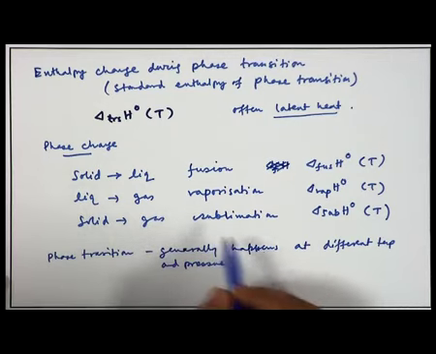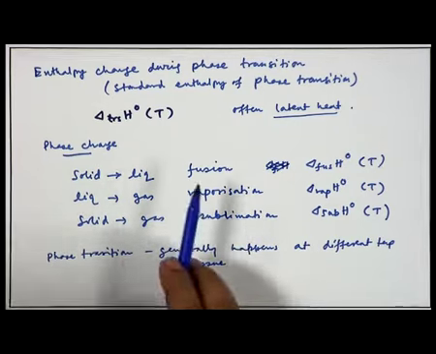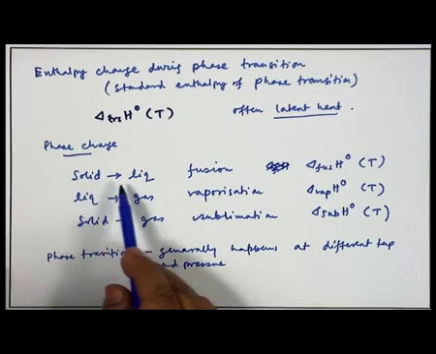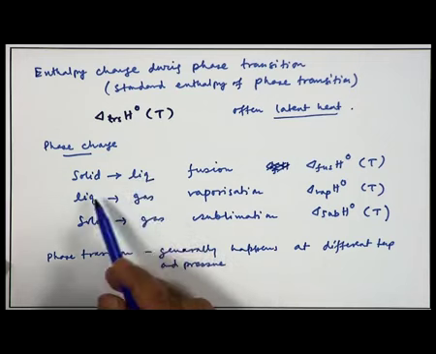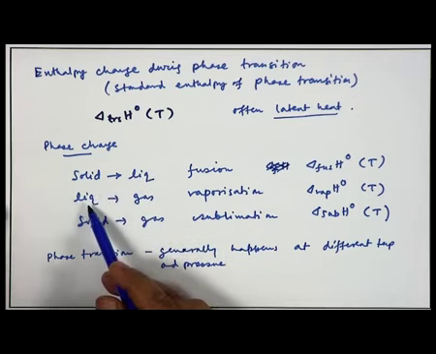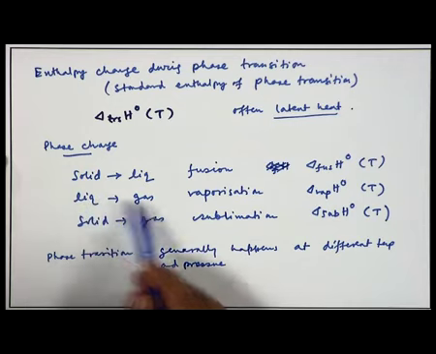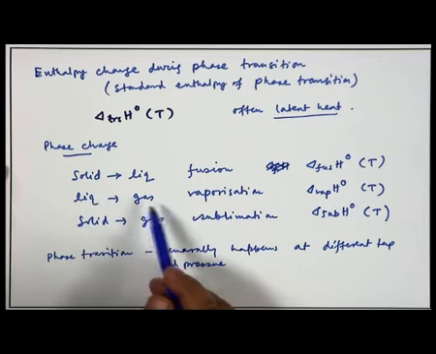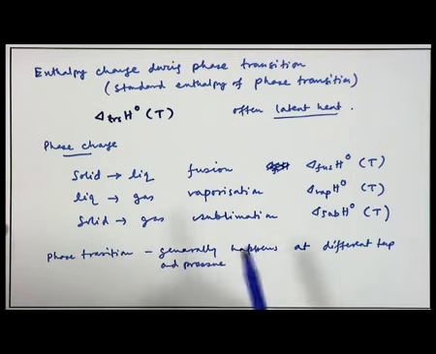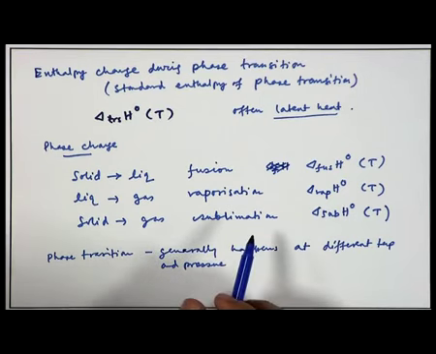For example, ice melts at 1 atmospheric pressure at 0 degree centigrade to water, or water at 100 degree centigrade and 1 atmospheric pressure transitions to gas, water vapor. So, we need to mention the temperature at which we are talking about this transition happening.